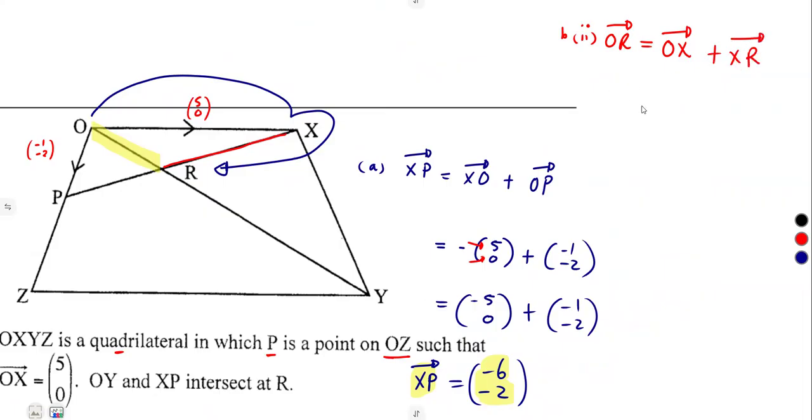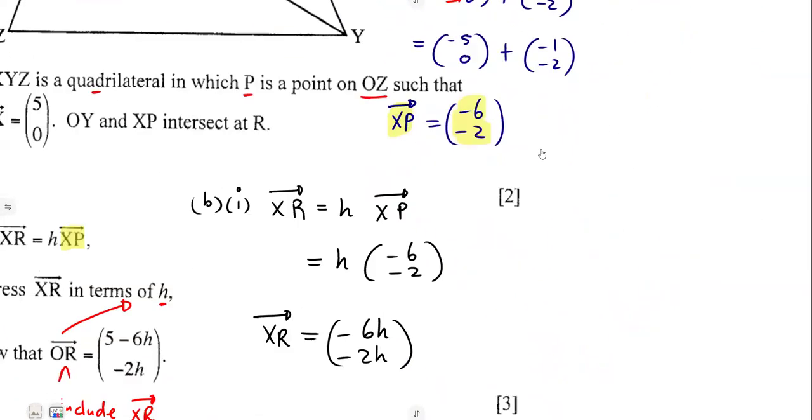Okay, so this is OX. You already have that you're given, and we are taking it in the same way as the given arrow here. So it maintains this as a positive, 5, 0 as a what? As a positive in the same direction. Then XR, from X to R, we already have that here.